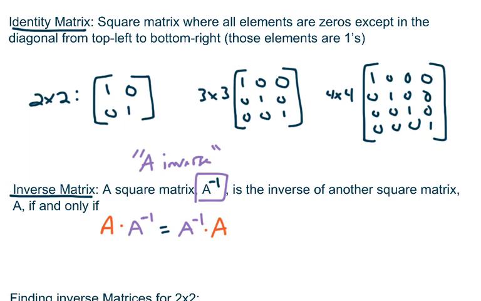And what you have to get with both of those is I, the identity matrix. You have to get that in order to prove that a matrix is an inverse of another matrix. So if A inverse is in fact the inverse of A, when you multiply A and A inverse together, no matter which direction you go, you get the identity matrix in return.